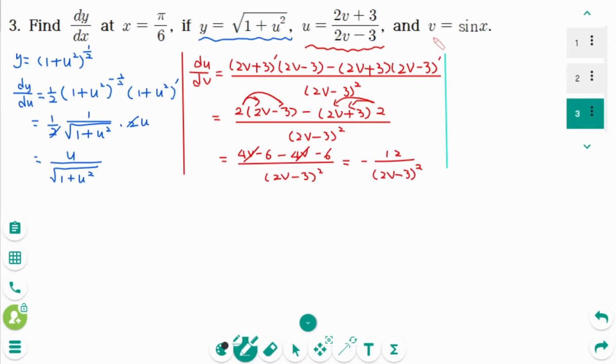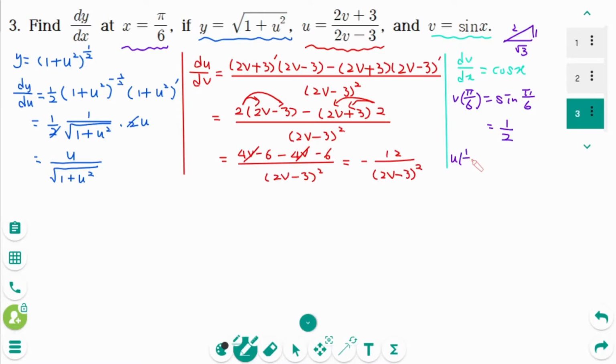v equals sine of x is a differentiable function of x, then dv/dx equals cosine x. When x equals pi over 6, then v of pi over 6 equals sine pi over 6. Then use this triangle, 1, 2, square root of 3, and SOHCAHTOA, which gives 1 over 2.